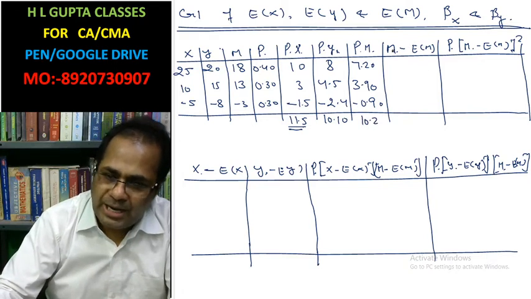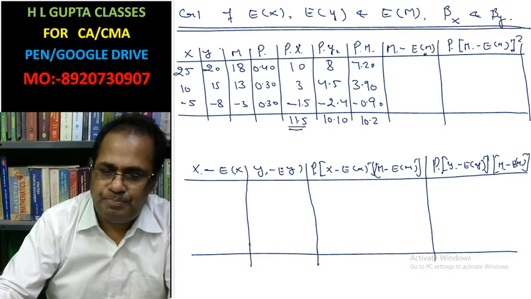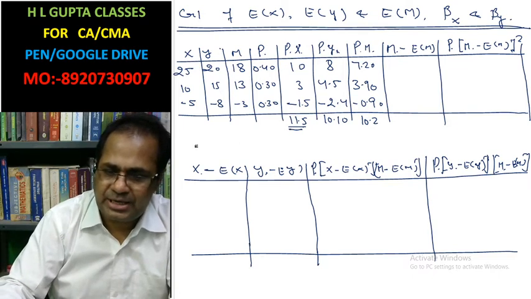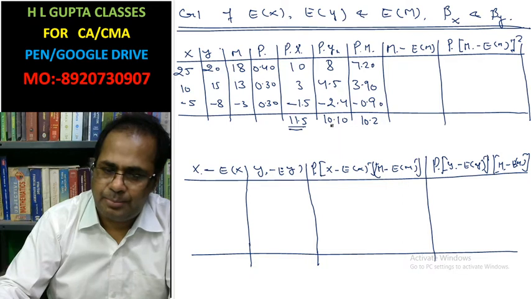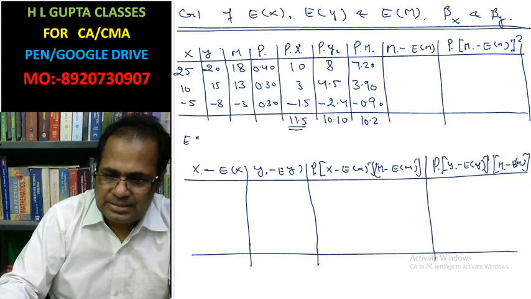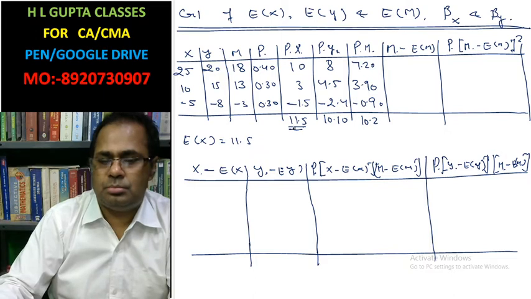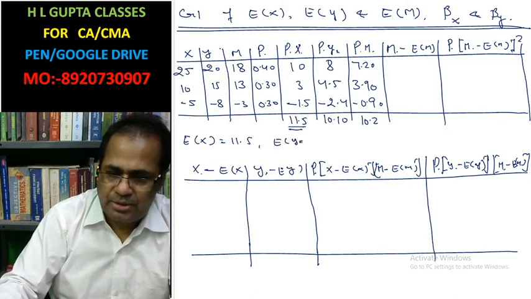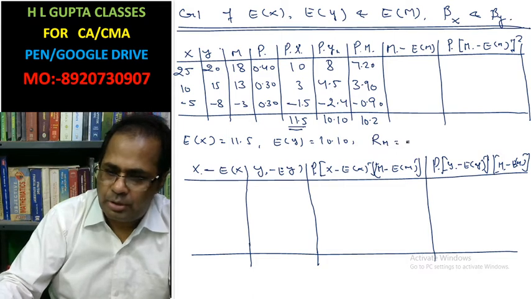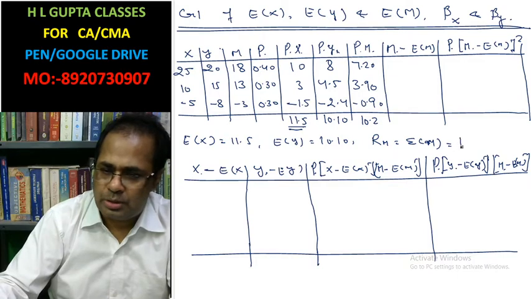Now, Mi minus expected M. In this case, expected X is equal to 11.5, expected Y is equal to 10.1, and the return on the market, expected M, is equal to 10.2.